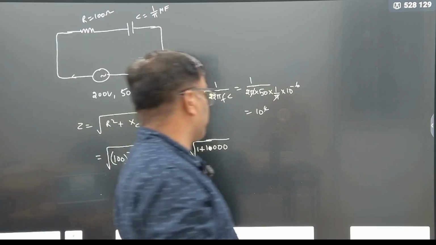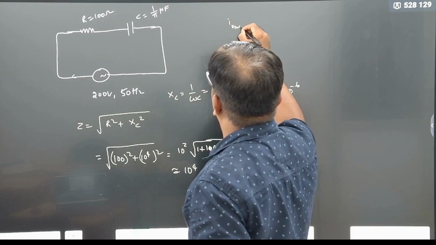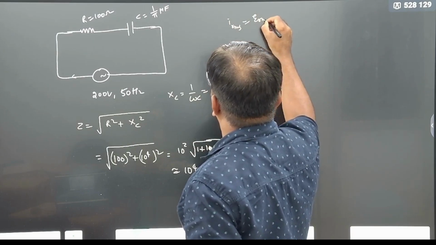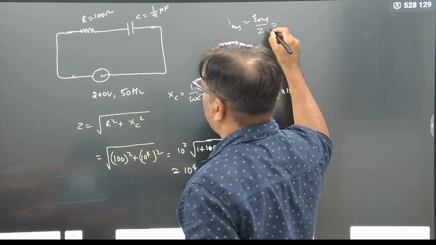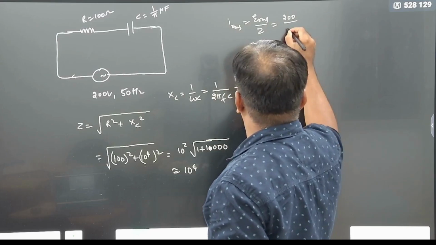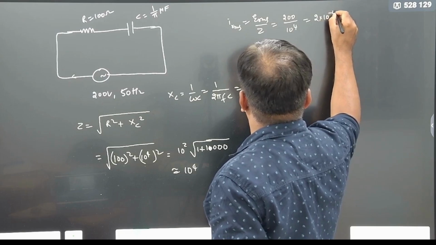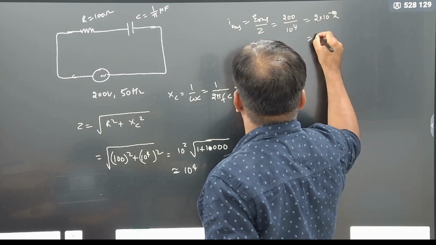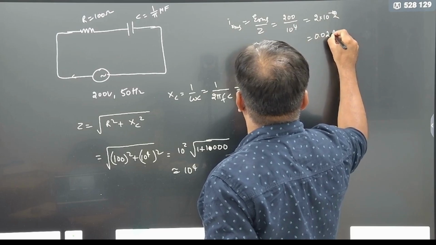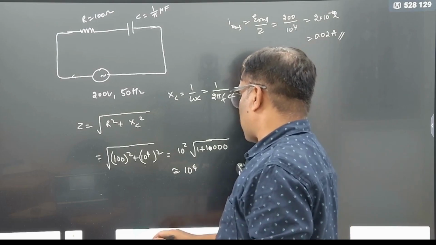Clear? Now what will be your current? Current I RMS is nothing but E RMS divided by impedance. E RMS is 200 divided by impedance 10 to the power of 4, so 2 into 10 to the power of minus 2, that means 0.02 ampere. So this is your current, and it is very low.